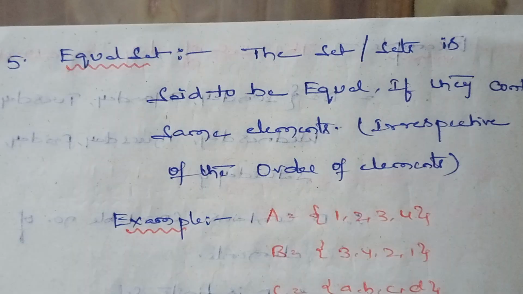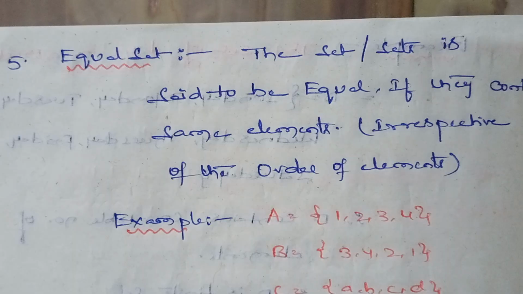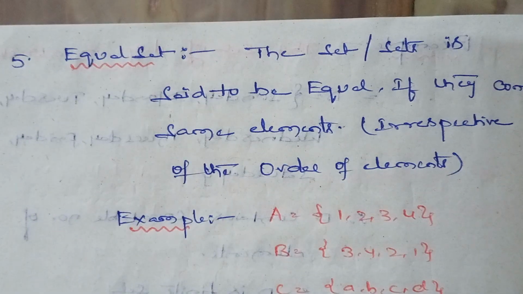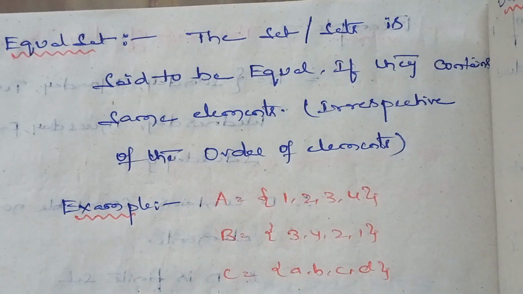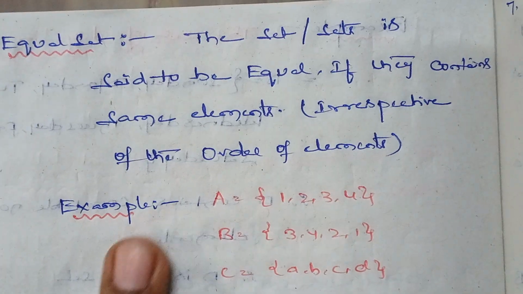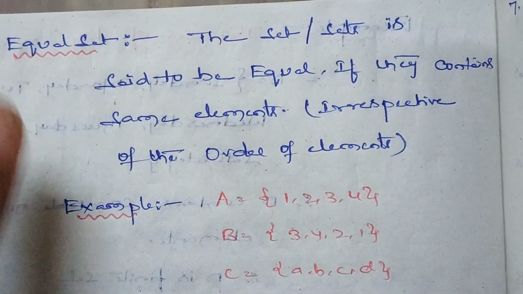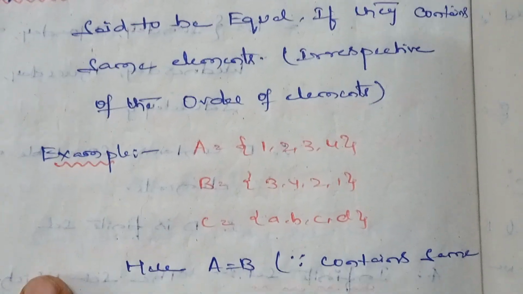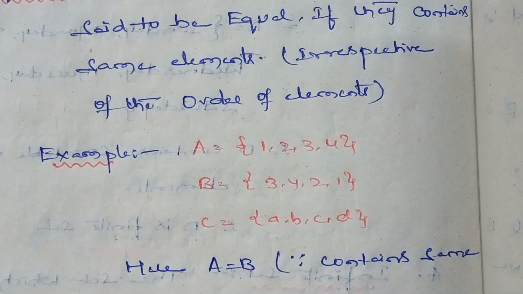Next one, equal sets. When we are considering two sets at a time or three sets at a time, they are said to be equal if they contain the same elements, students, irrespective of the order of the elements. Suppose I took a set A: 1, 2, 3, 4, which contains 4 elements.